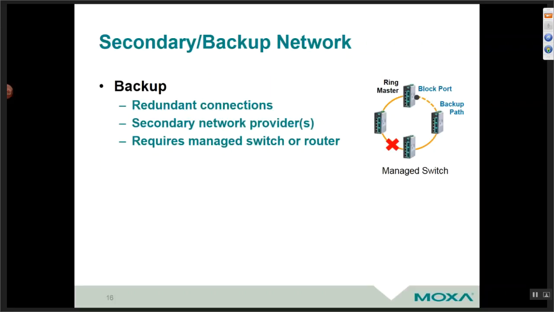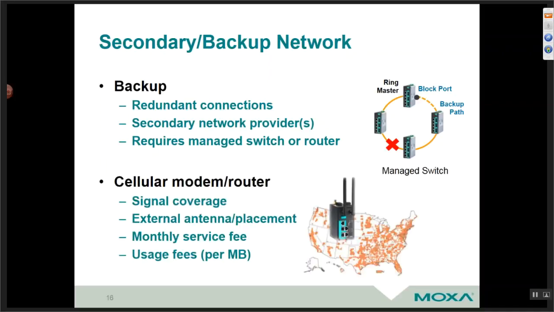Some of those backup connections may come within your infrastructure. They may be backup links, a secondary serial connection, or a secondary Ethernet connection. Some of this comes within your infrastructure if it's wired, right? If it's a wireless application, don't forget that the same concepts apply. In fact, you might even have hybrids of both.